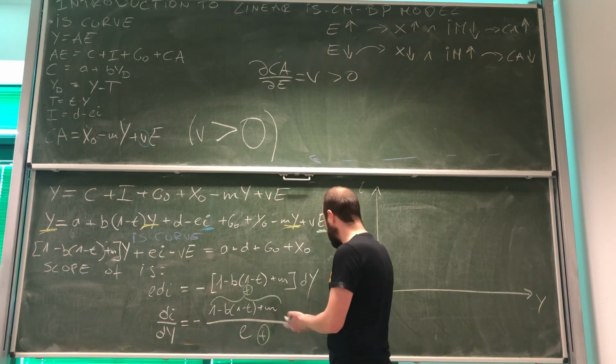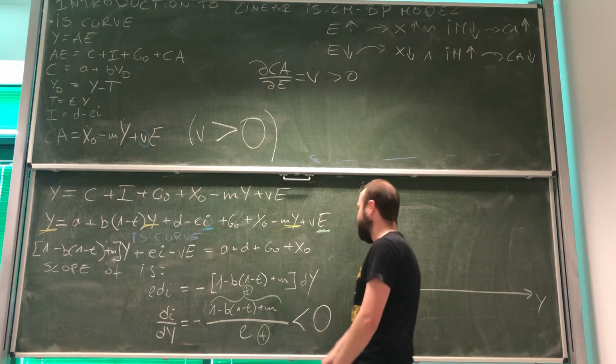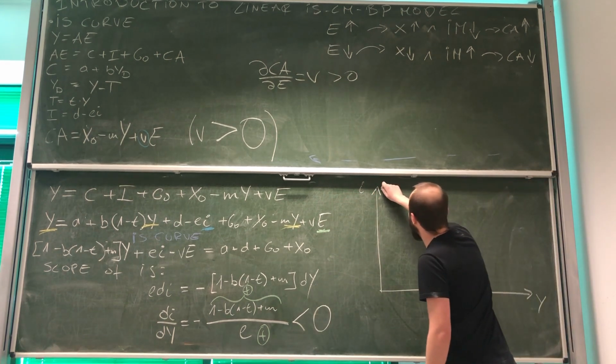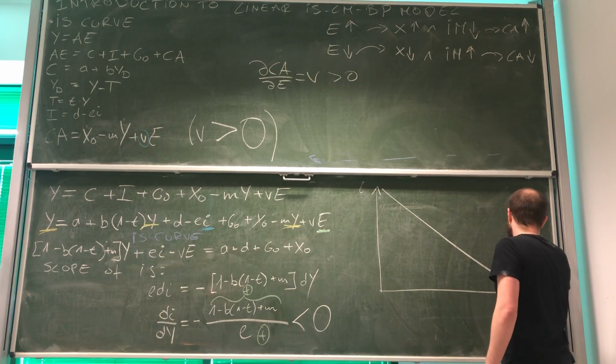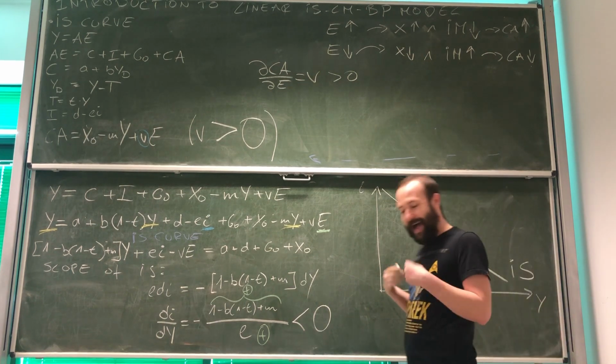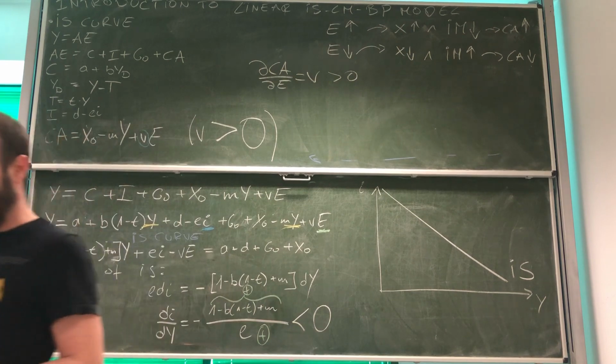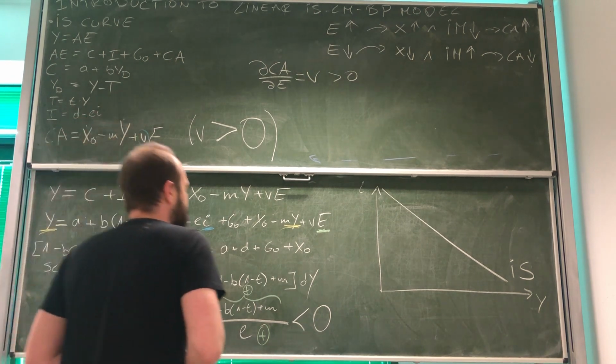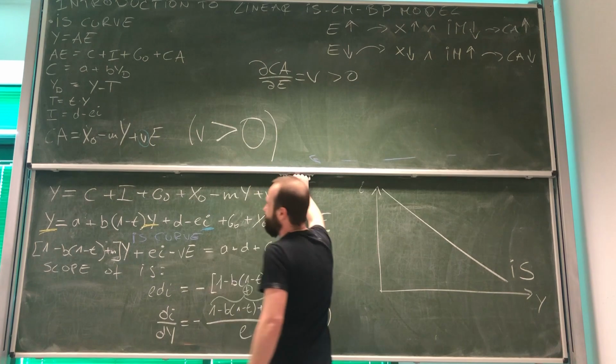We've got minus up front. We can be sure that this is negative. And this is how we know that the IS curve is actually downward sloping.